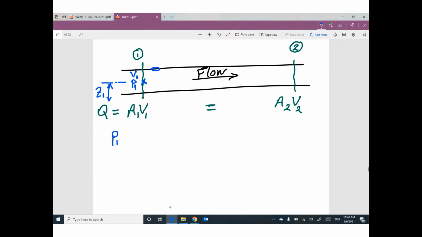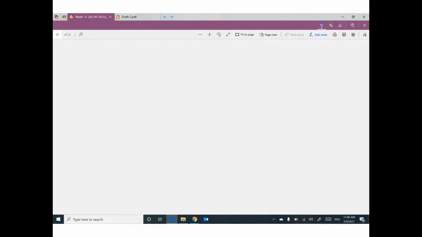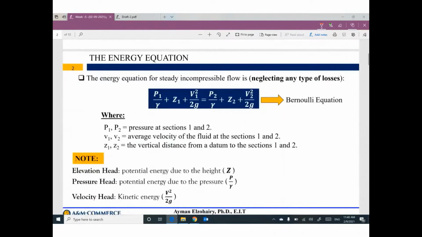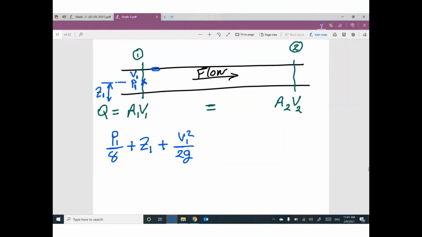P1 divided by gamma plus Z1 plus V1 squared divided by 2G at this location.